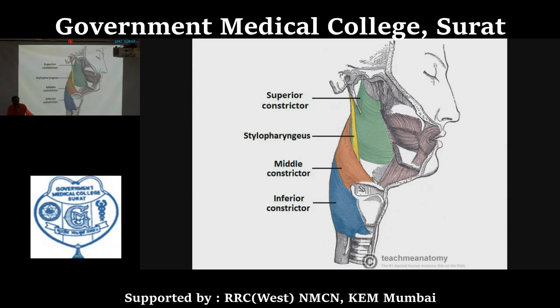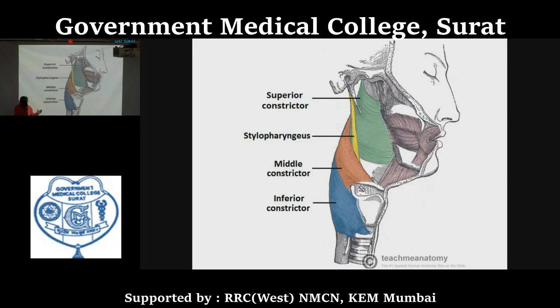Now this inferior constrictor has 2 functionally different parts. The part which arises from the cricoid cartilage, the lower part, is known as the cricopharyngeal part, and the part which arises from the thyroid cartilage is known as the thyropharyngeal part.